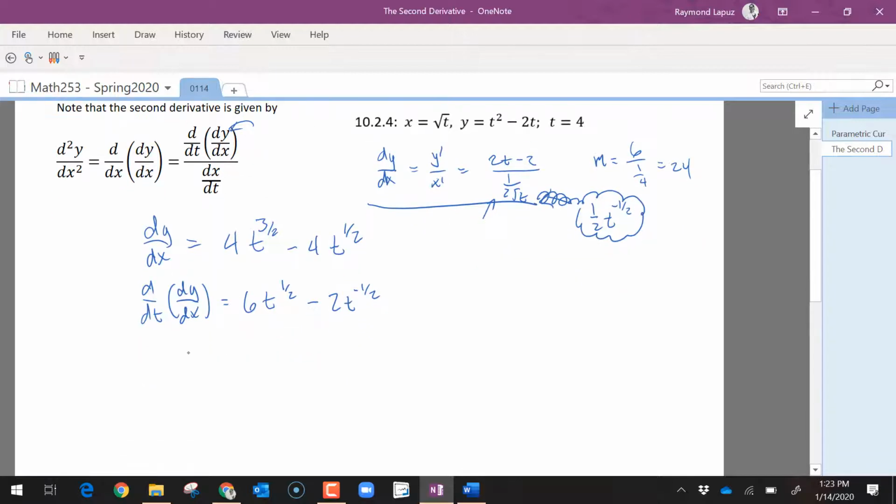And so I'll put those together. d squared y over dx squared is going to be this thing as a numerator, 6t to the 1/2 minus 2t to the negative 1/2. And let's divide that by 1/2 t to the negative 1/2, and then do the simplification that you can or want to do at this point.